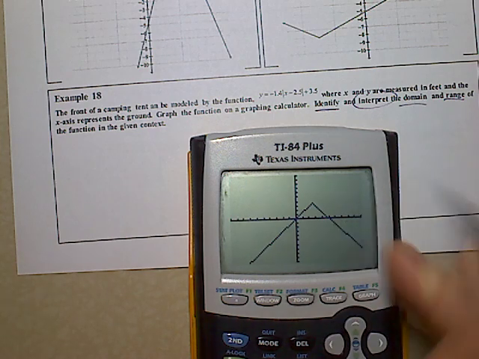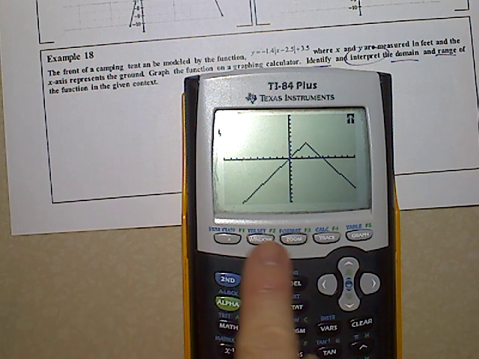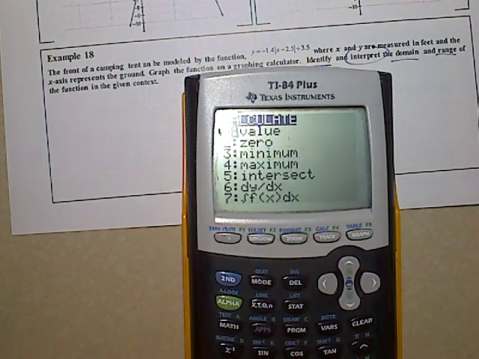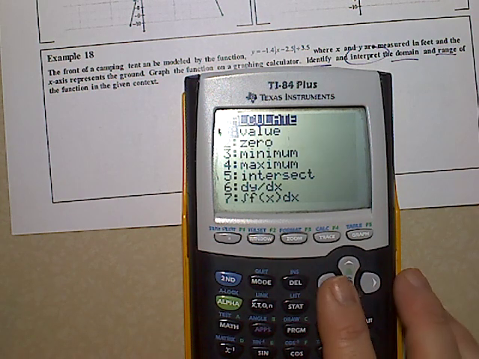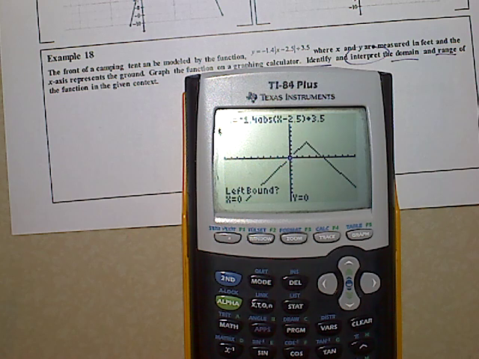So to find this exact point, can you do me a favor and first hit the blue button one time? Then go up across the very top and find the word that says trace. Hit it one time. Another word for x-intercept is 0. Scroll down to 0 and press enter one time. Just so I know how many of you are at this point, hands up high.